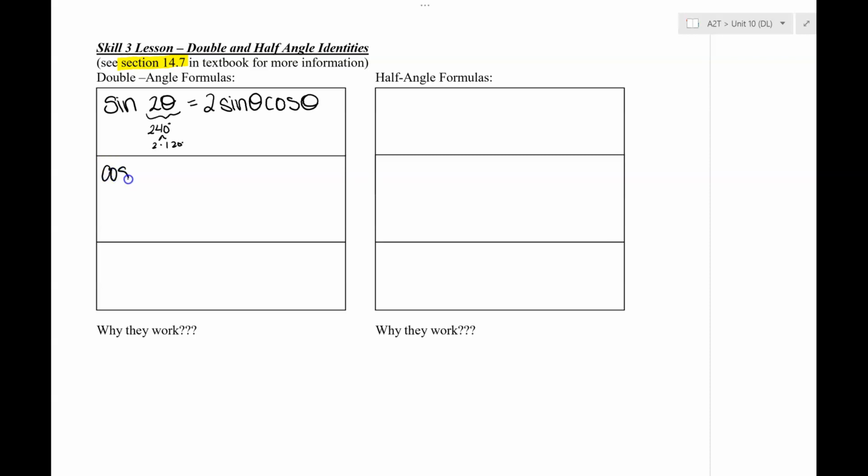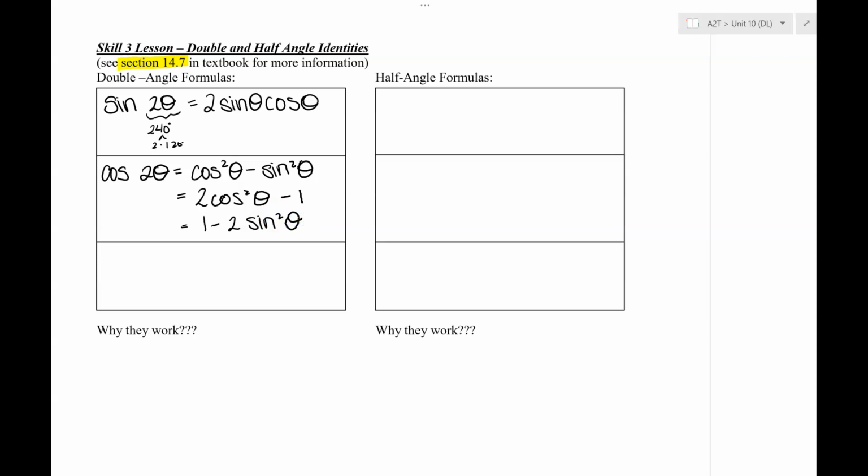Cosine actually has 3 different versions. The main one is cosine squared theta minus sine squared theta. And if you remember from skill 1, the Pythagorean identities, cosine squared can be rewritten, as can sine squared. And so we're able to derive 2 cosine squared theta minus 1 and 1 minus 2 sine squared theta.